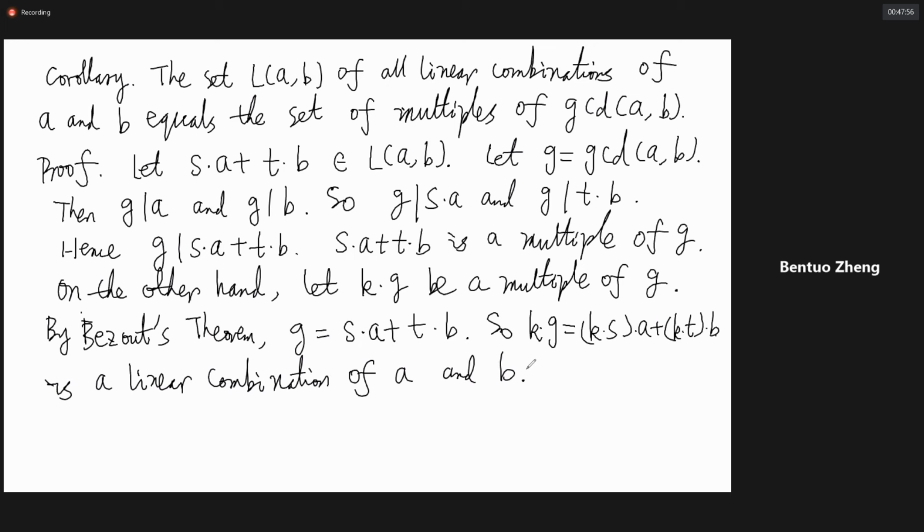So any multiple of G is a linear combination of A and B. So that shows the set of all linear combinations of A and B is exactly the set of multiples of the greatest common divisor of A and B.